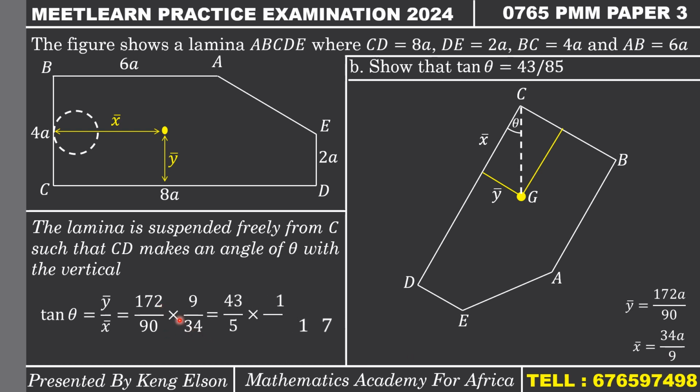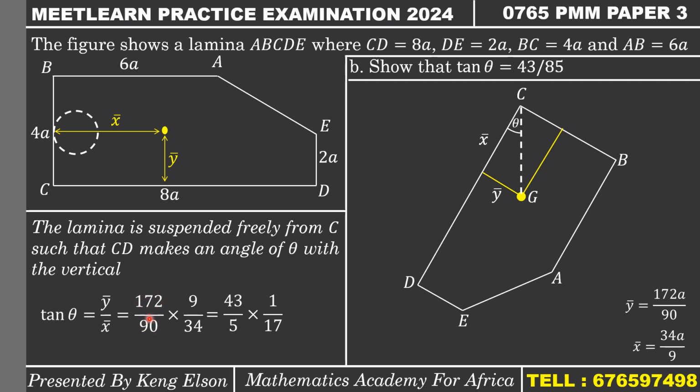Now we can first of all simplify by dividing this by 2. If I divide this by 2, and I divide this by 2, I will have 17 here. 9 is going to cancel. I'm going to have 10 here, and then when we divide this by 2, we get 86.